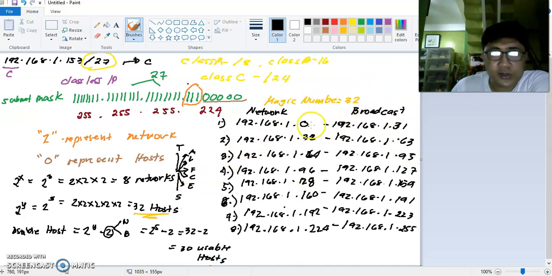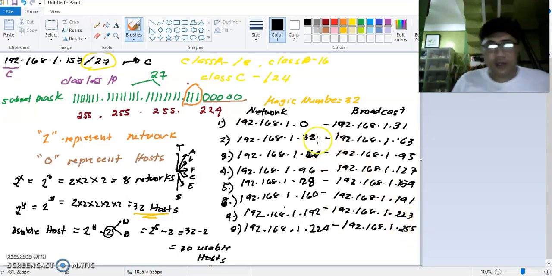If you look at here, you actually have 32 hosts, right? You have 32 hosts from 0 until 31, that is 32. If you include 32 until 63, that's still 32. And here, if you count starting with 224, you will end up with 32 numbers until you reach 255.